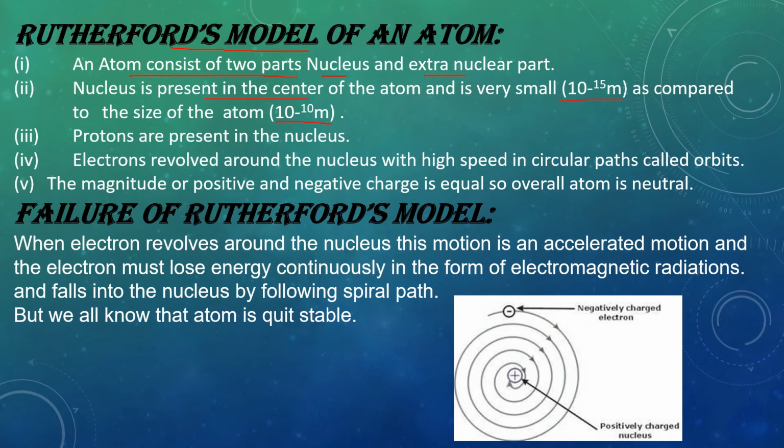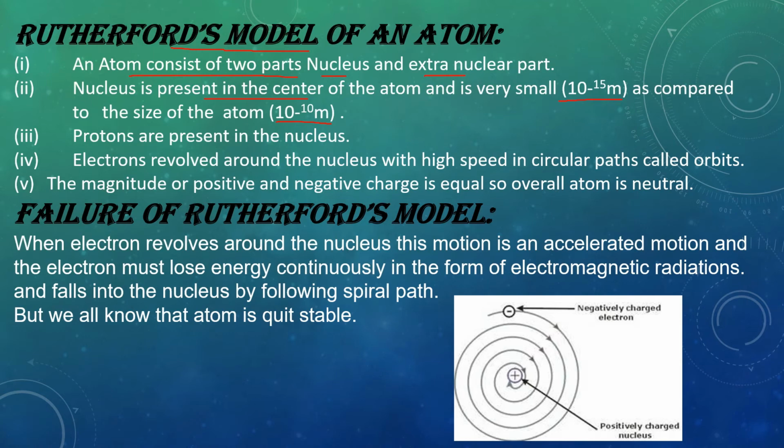You can compare it like this: if the atom is considered as a cricket ground, then a cricket ball kept in the middle of the ground is the nucleus. So much difference in the size of the nucleus and that of the atom.